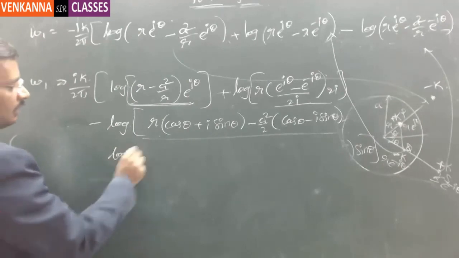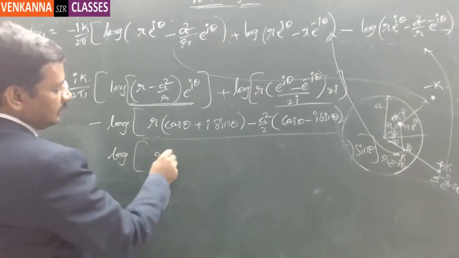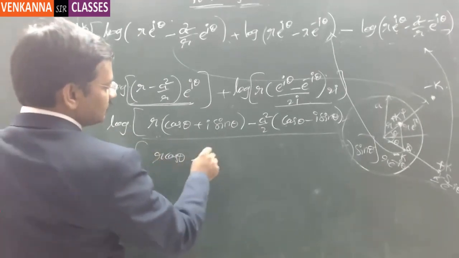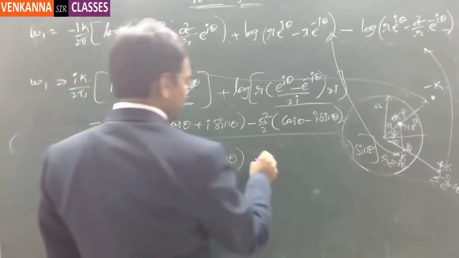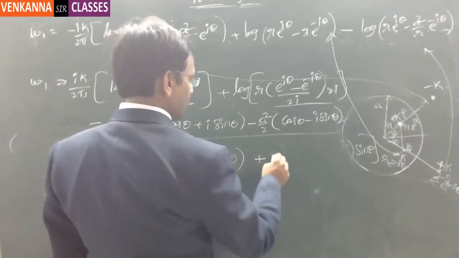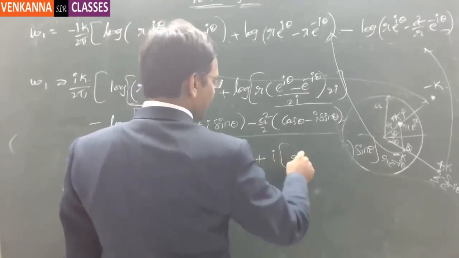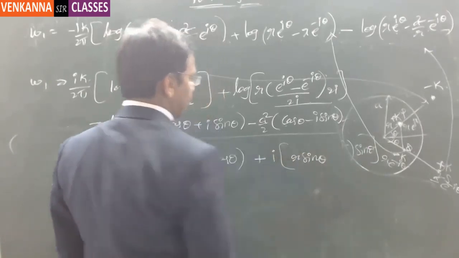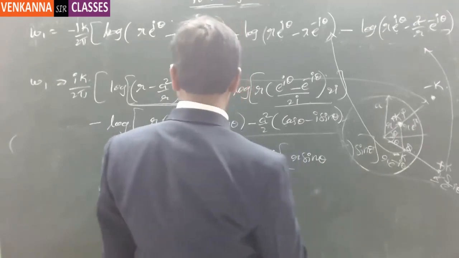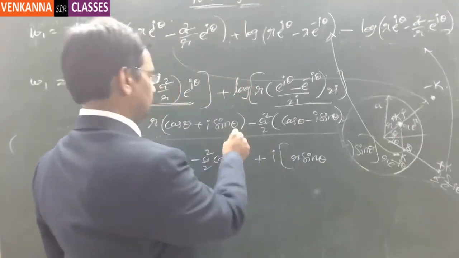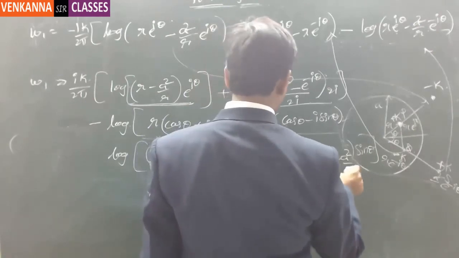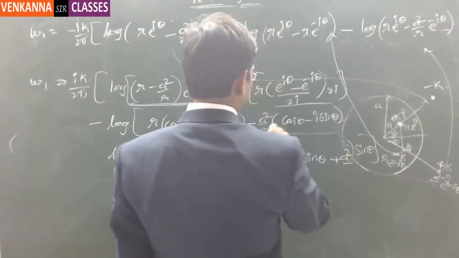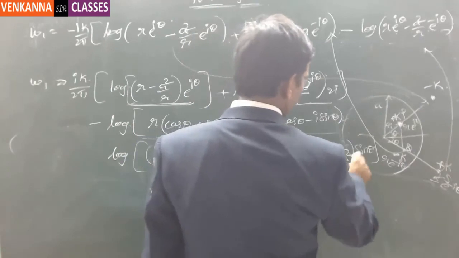Now this is log of R cos theta minus a square by R cos theta plus i times of R sin theta plus a square by R sin theta.